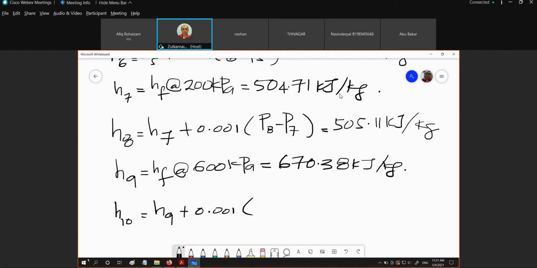0.001 times P. Which P? The highest P is our boiler P, which is our P10. P10 minus P9. P10 is 10,000 kPa. P9 is 600 kPa.